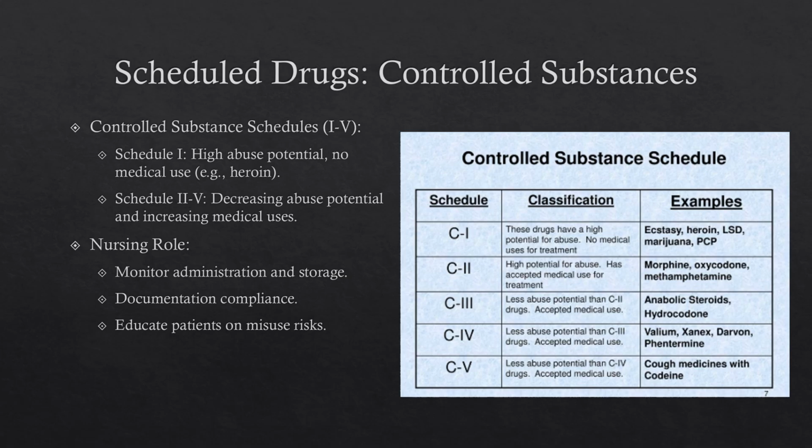Schedule 3 has less potential for abuse than class 2 and accepted medical use, so anabolic steroids or hydrocodone. Schedule 4 has less potential than category 3: Valium, Xanax, Darvon. I don't even think they have Darvon anymore. Phentermine. And then your least potential for abuse, so cough medications that have codeine in them.